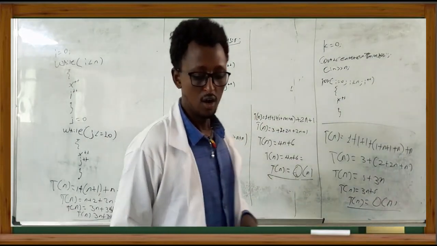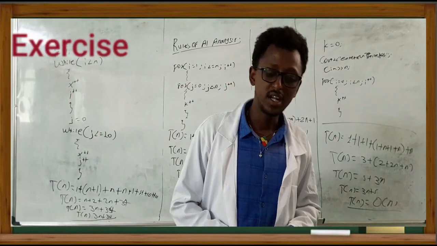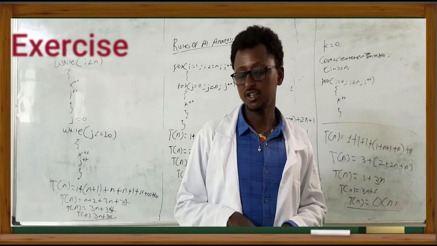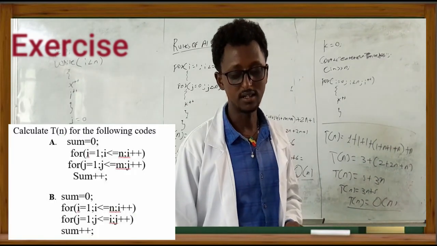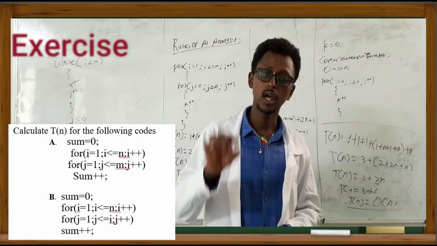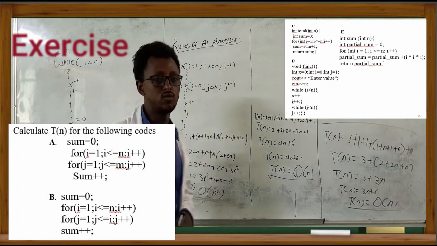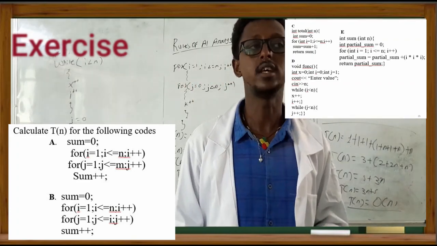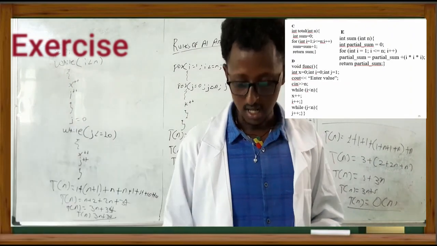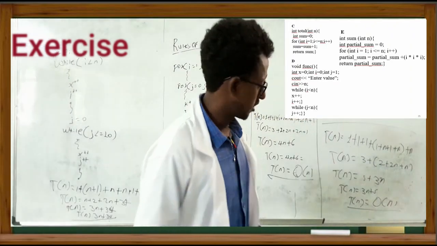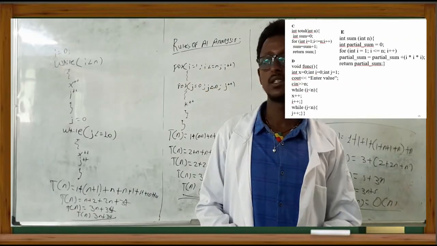I will put all the exercises at the end of the video, and please give your output for exercise A, exercise B, exercise C, and D. Your time complexity output, the last T of n value for each of the A, B, C, D exercises. Do the exercises on your own. This is all about time complexity algorithm analysis.